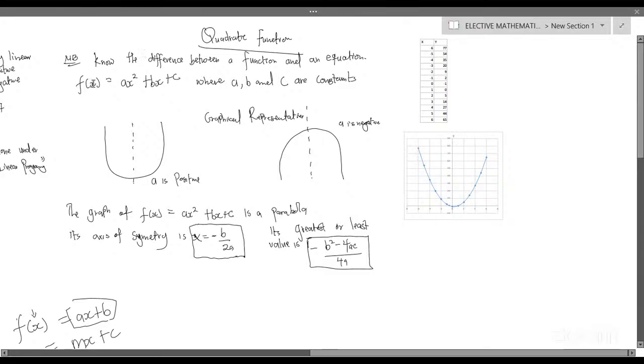This is how a quadratic function looks. Realize that the linear function was ax plus b, but for the quadratic function, it's ax squared plus bx plus c. So here we have three variables: the coefficient of x squared, which is a, the coefficient of x, which is b, and then a constant c.